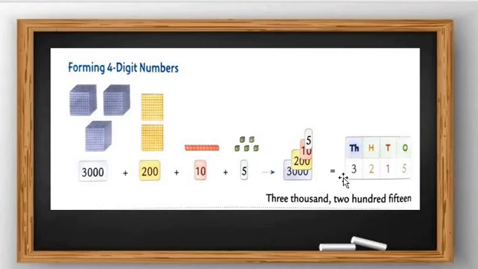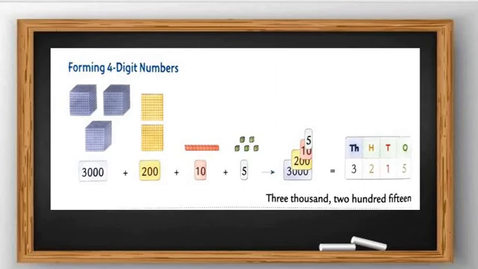So how can we read it? 3000, 200 and 15. 3215. Got my point, all students? We format it like that and we read it like that.